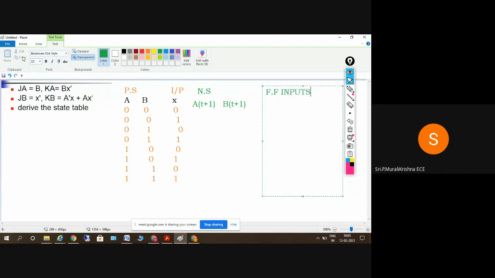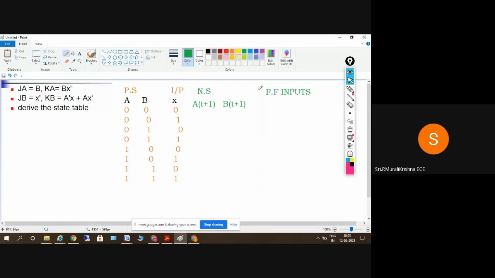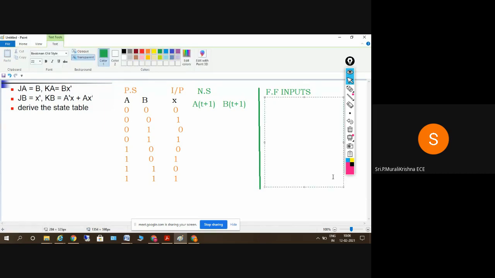The flip-flop inputs we have here are JA, KA, JB, and KB.